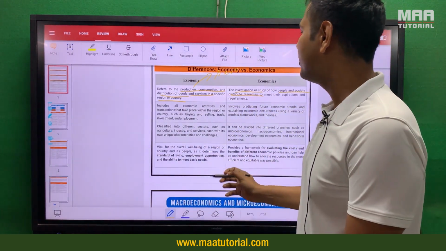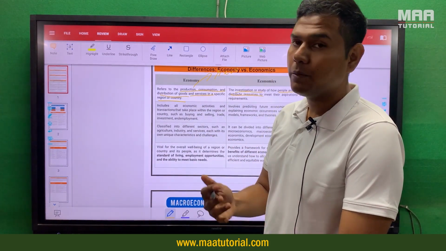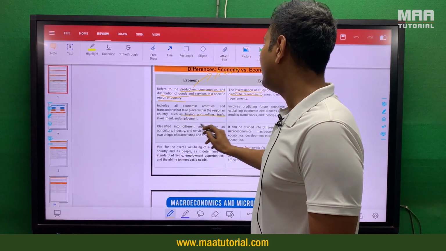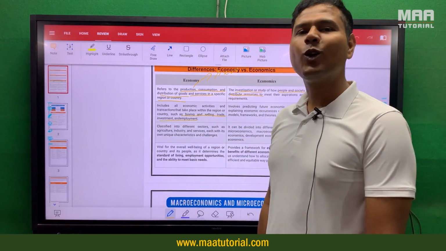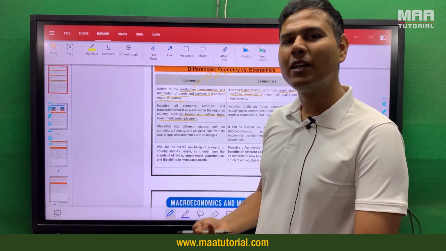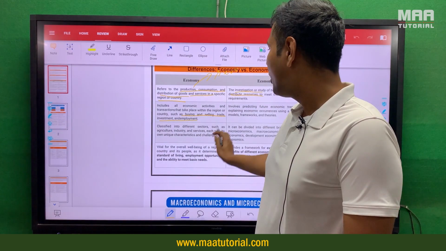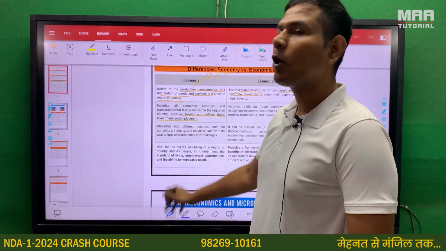Let's move ahead further. Whenever there is an economy, you will see buying, selling, trade, investment, and employment. If the economy of a country is booming, you see a lot of buying and selling happening, a lot of trade, a lot of investment, and a lot of employment being created.